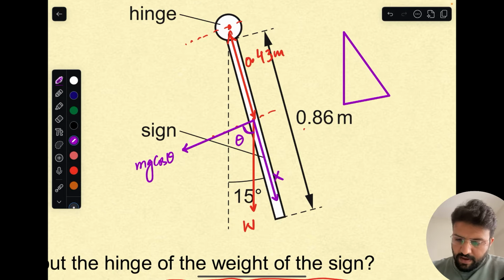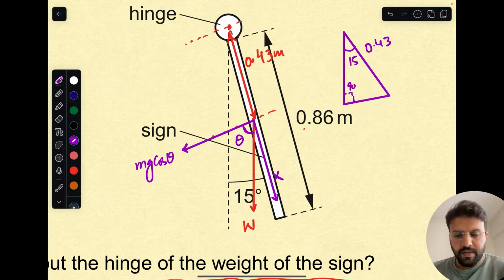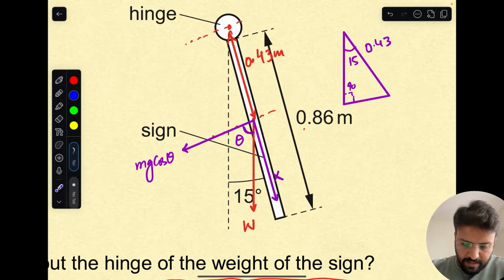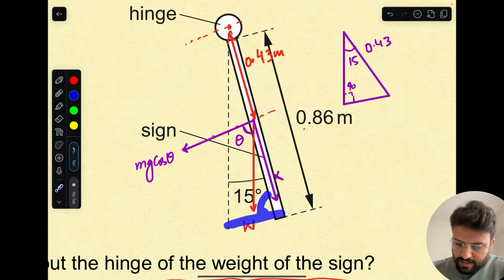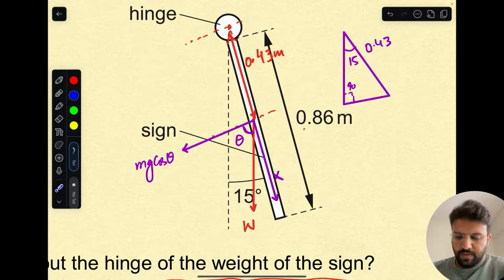This thing is making a triangle where this side is 0.43, this angle is 15, and this angle is 90 degrees. This angle theta relates to this angle, not this one. So you have to find this angle of the triangle.